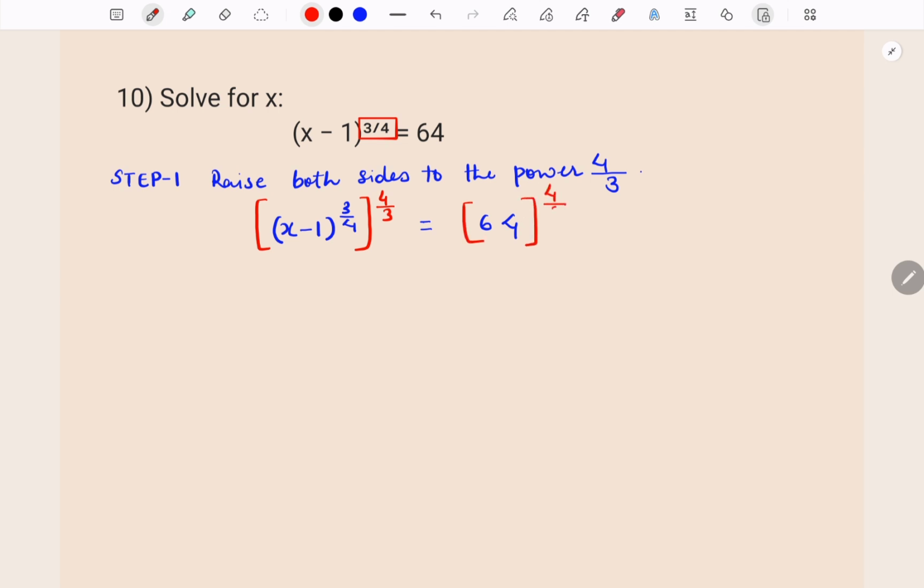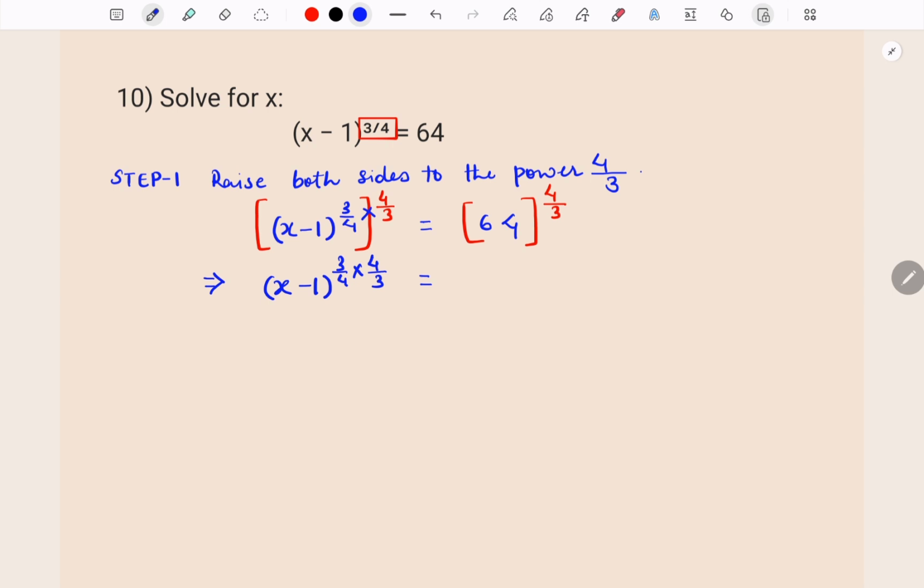Since we are raising the same power to both sides, the equation basically does not change. So look carefully here. We have a power of a power, so we will multiply these indices. So we have x minus 1 raised to the power of 3 over 4 multiplied by 4 over 3.